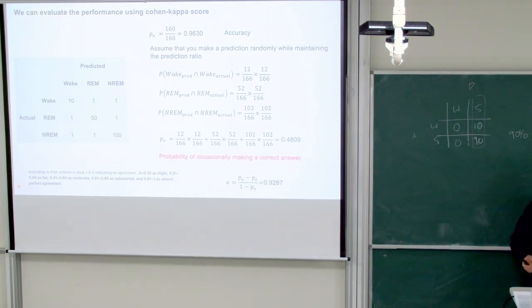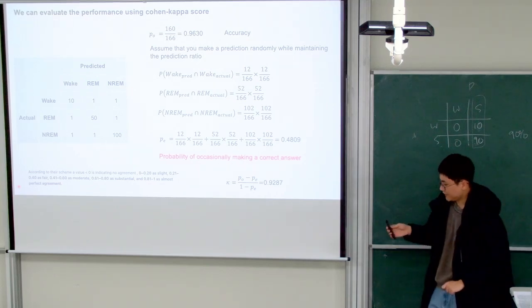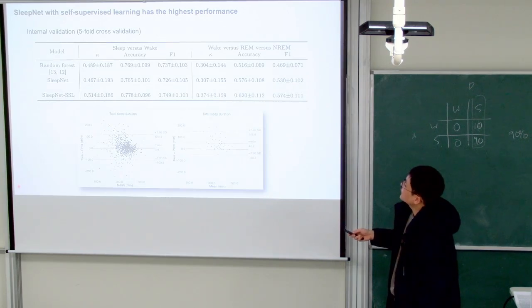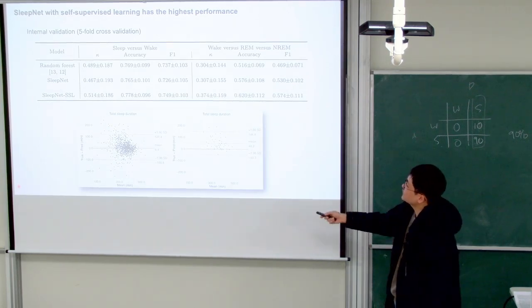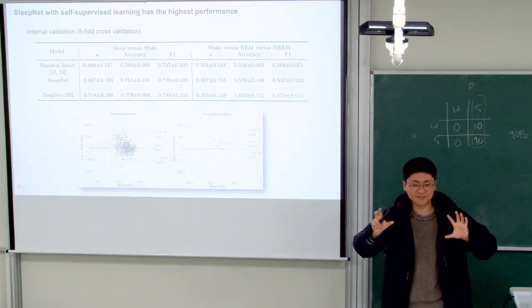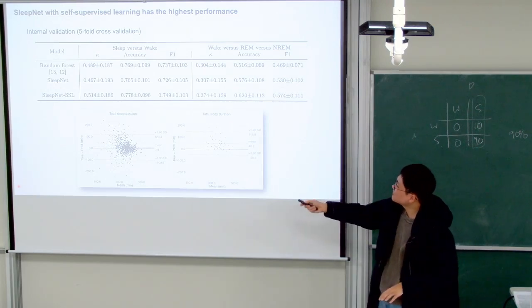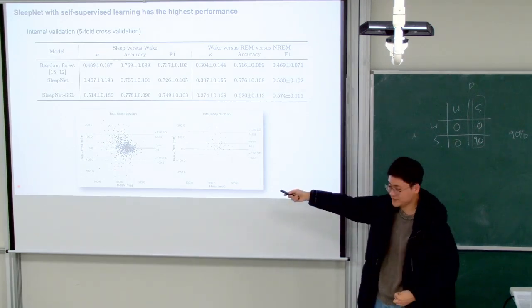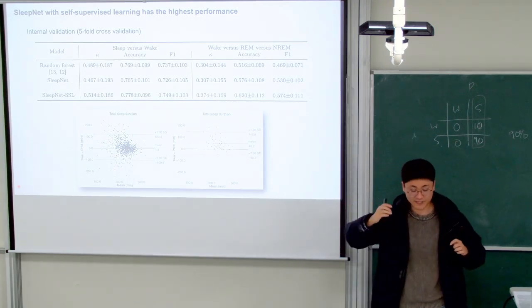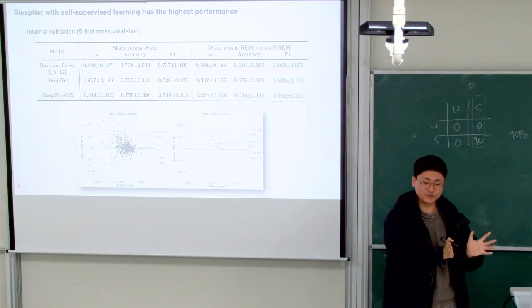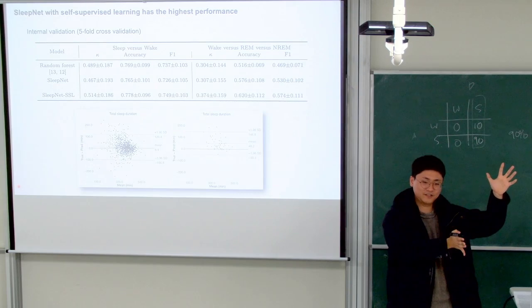Using this metric, they first applied a random forest with some handcrafted features, and then they used SlimNet, and the last one is SlimNet with self-supervised learning. That means the last one uses the same structure, but they also train the original ResNet part.